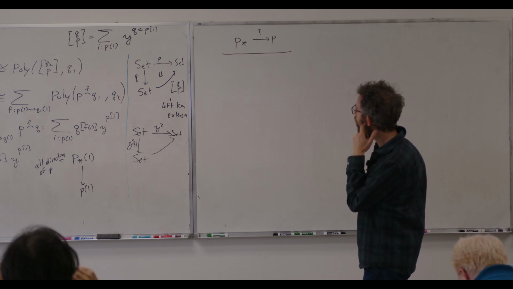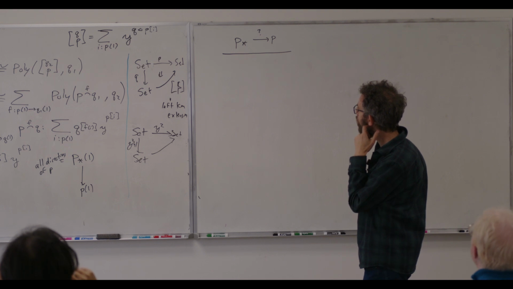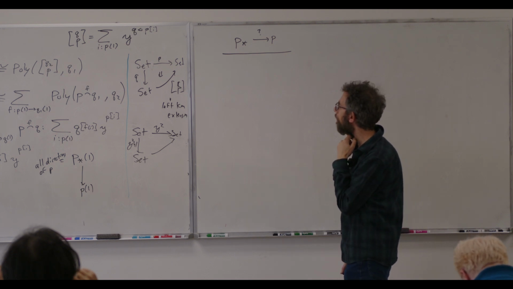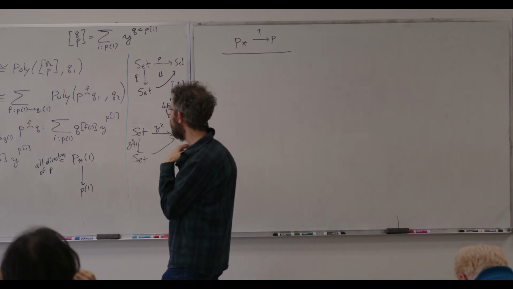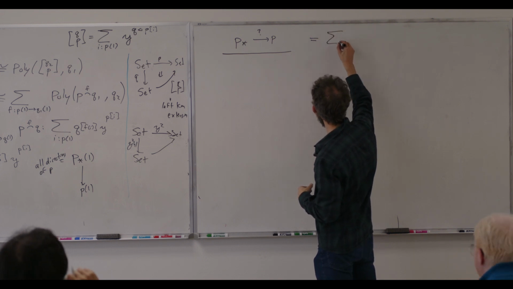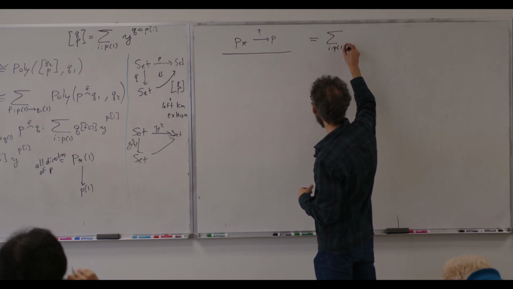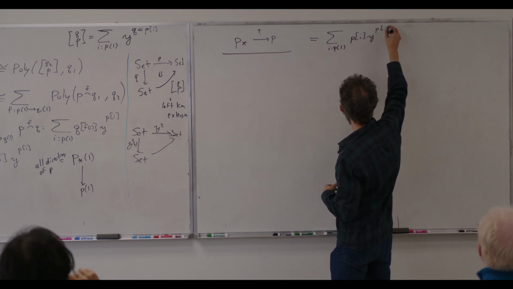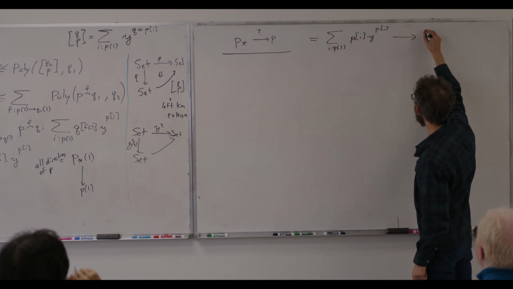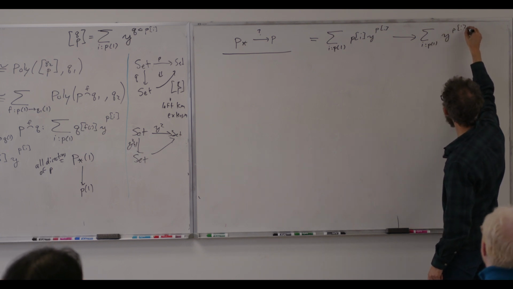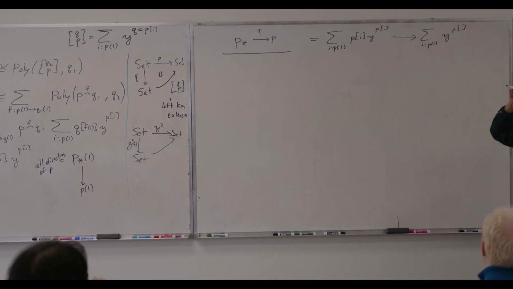This is the sum over I in P of 1 of P_i y to the P_i, and I need a map from that to the sum over I in P of 1 of y to the P_i. Pretty easy, I think.